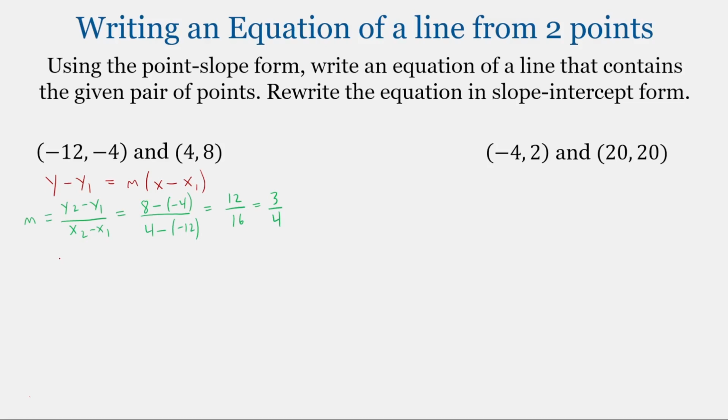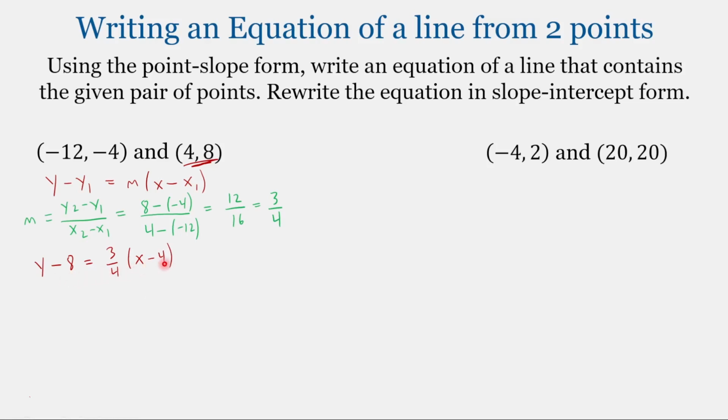So now we have a point, 2 points actually, and the slope. So let's go ahead and use that point-slope form. I'm going to again use this second point because it doesn't have negative numbers. So now we have y minus 8 equal to 3/4 times x minus 4.